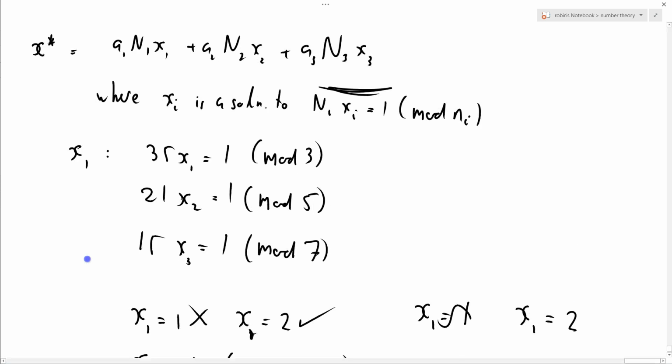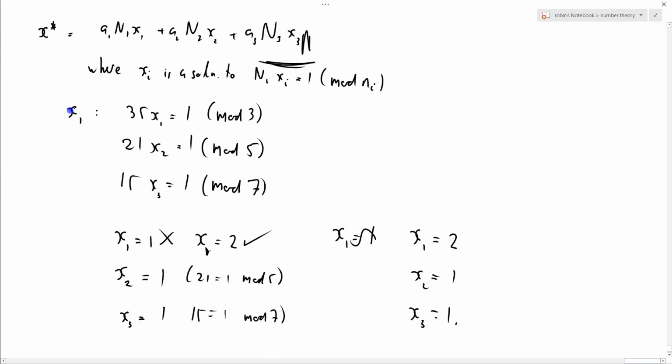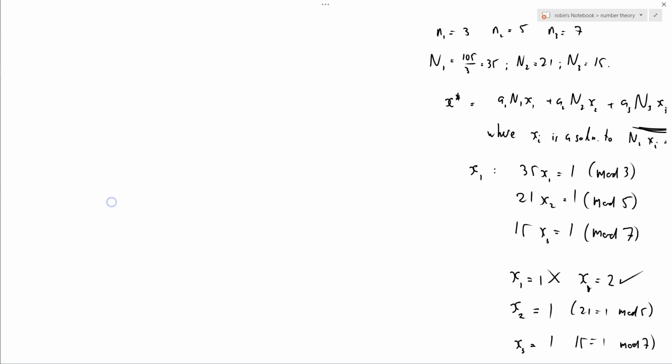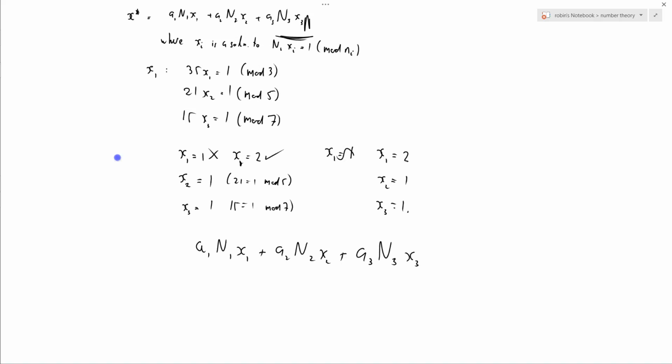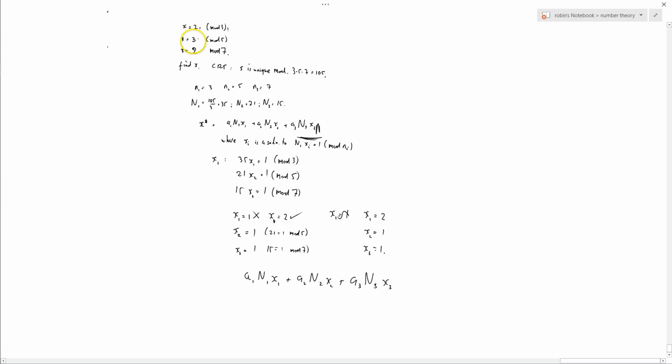So going back to our solution here, we can just whack them in together. It's a1 N1 x1 plus a2 N2 x2 plus a3 N3 x3. Let's try that again. So what were my numbers? My numbers were up here, 2, 3, 2.